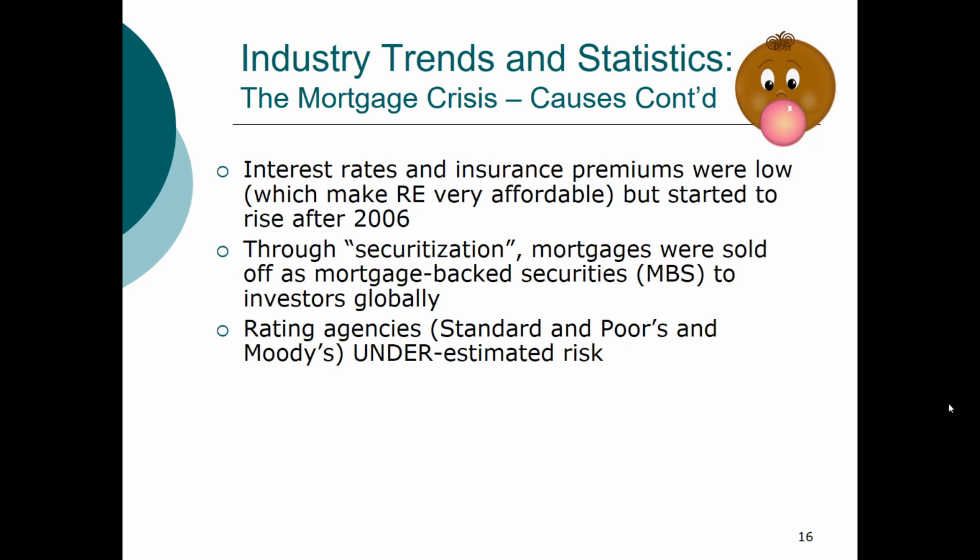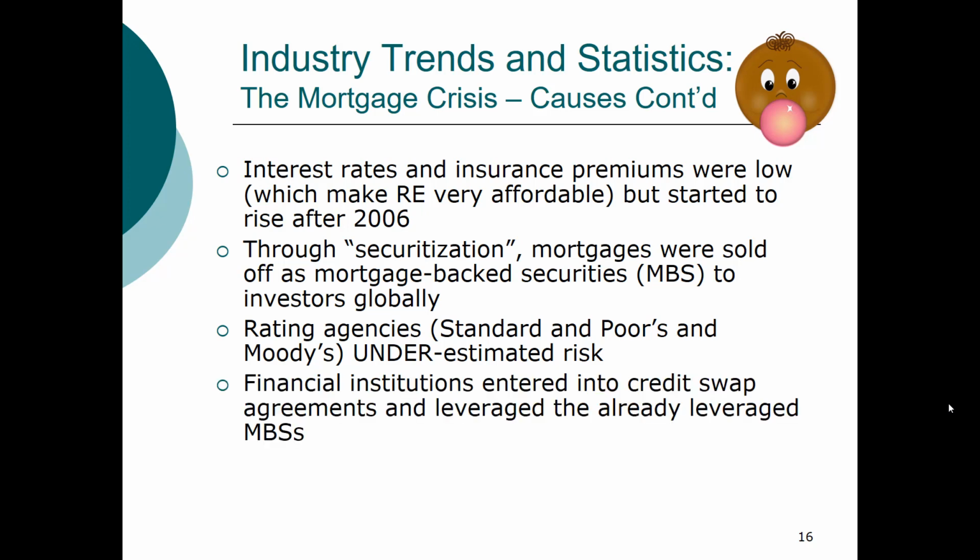In addition, the rating agencies such as Standard & Poor's and Moody's, which are in the business of rating the risk of the mortgage-backed securities, underestimated the inherent risk of the mortgages. In addition, they were under pressure by the banks to give the securities high ratings, or the banks threatened to not use their services in the future.